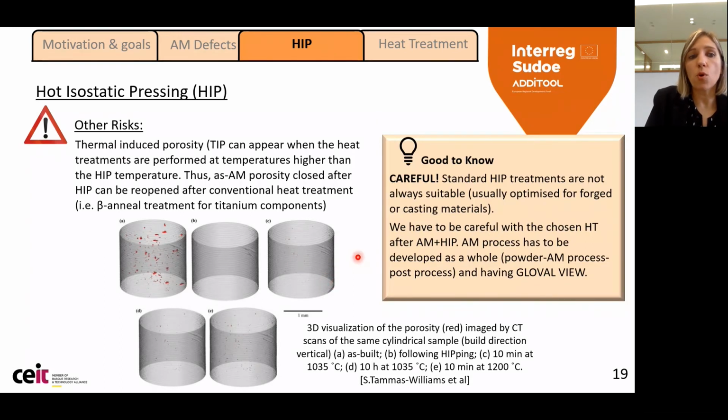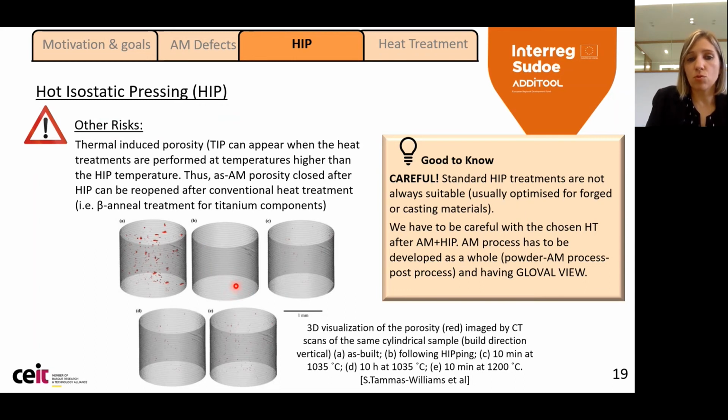Another limitation of the HIP, or something that we have to take into account, is that not always the standard HIP treatments are the correct ones, and that we have to modify them as a function of the material. In this case, there is an example of titanium alloy. This is a CT scan image where in red we observe the porosity inside the titanium components after the AM, and in the first time we see that after doing the HIP we are able to close all the porosity, so we don't see any red spot.